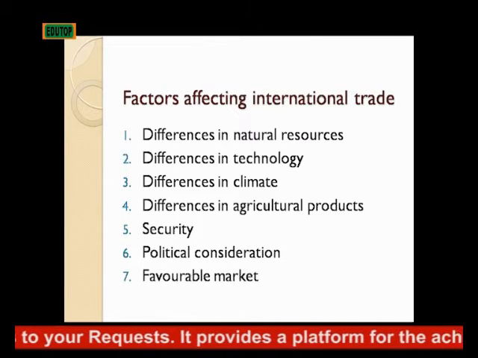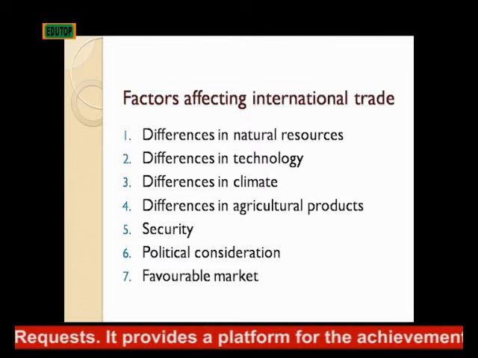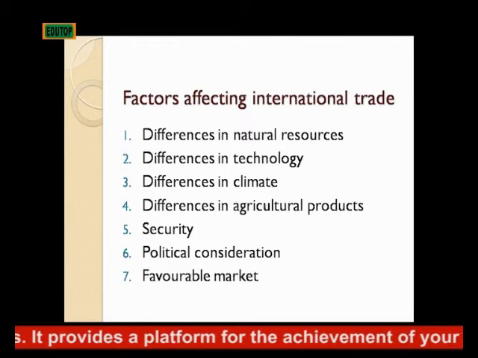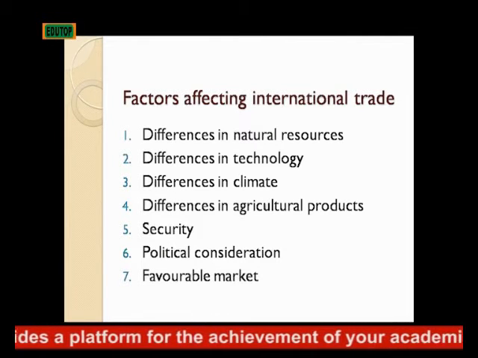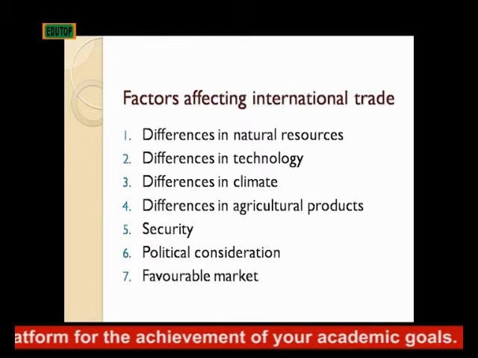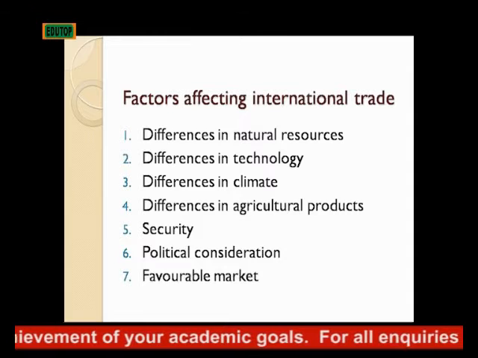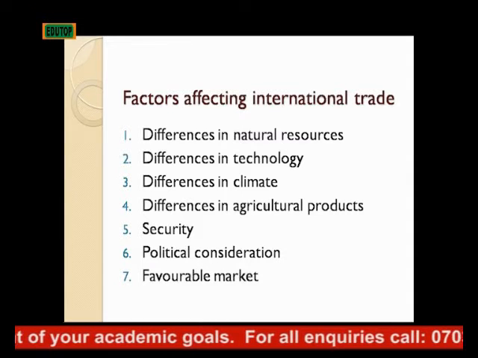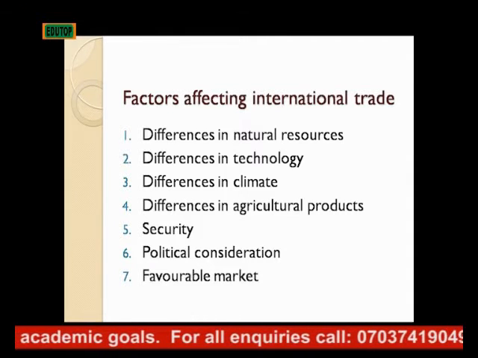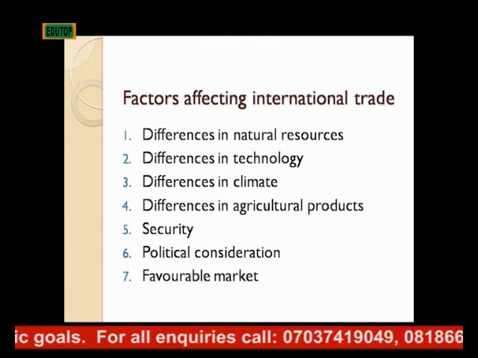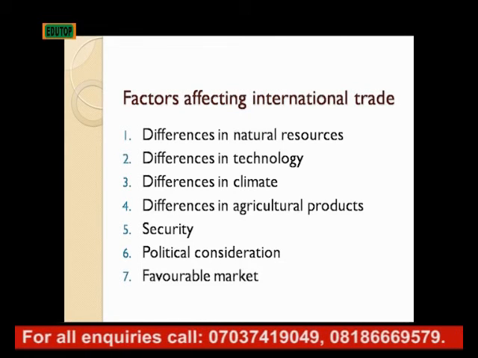Now, there are differences in technology also. There may be availability of a particular natural resource in an area and also in another area. But with technology being different, one area may be able to harness these resources to come up with beautiful products, whereas the other area may not be able to do so.